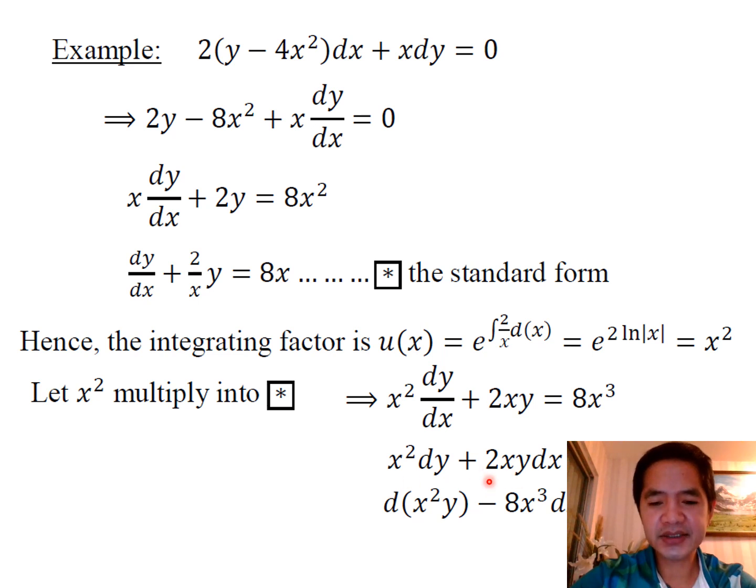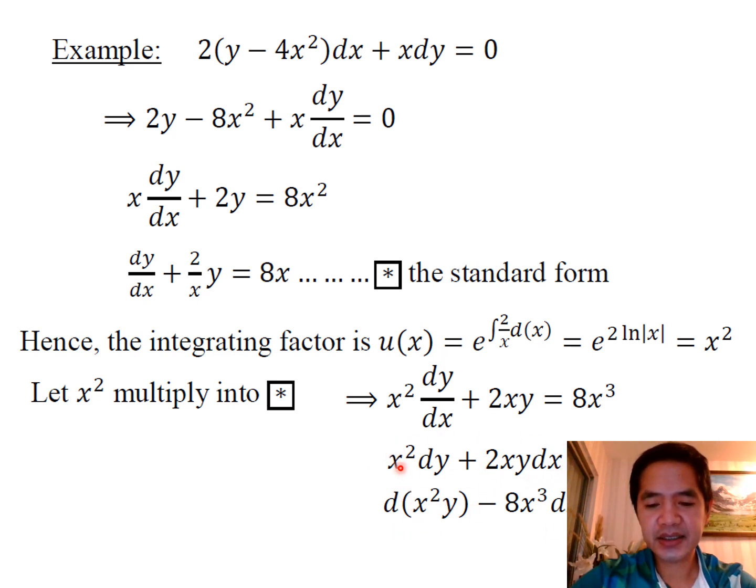Look at the highest power. This is x to the second and y to the power 1, so it must contain x squared times y to the power 1. Now you have to prove it: do the differentiation of this form and see if you get the same result as this one.